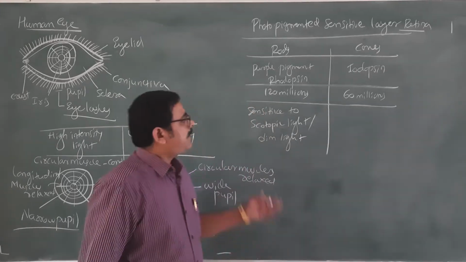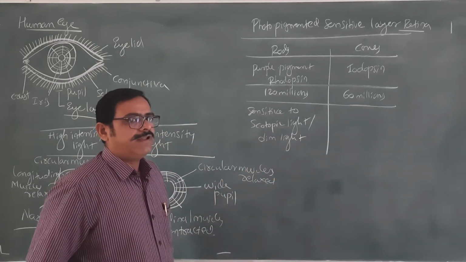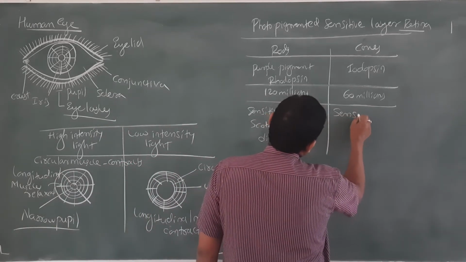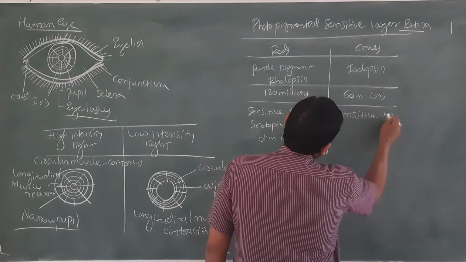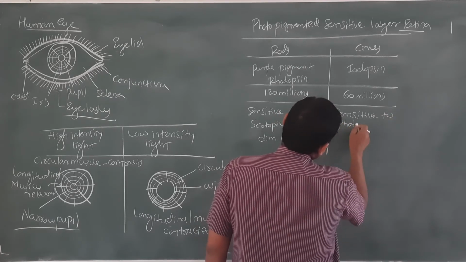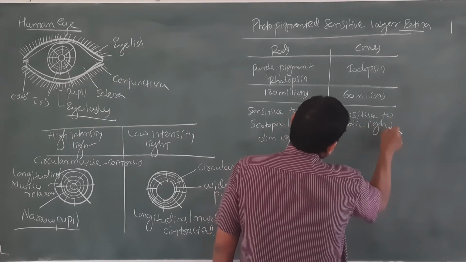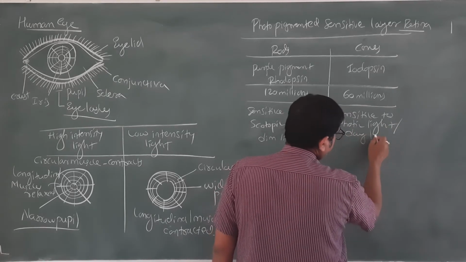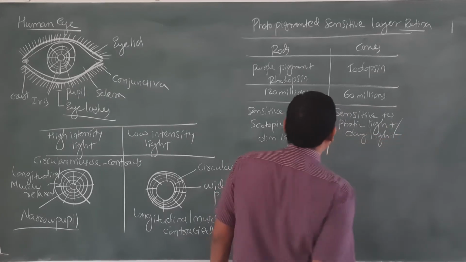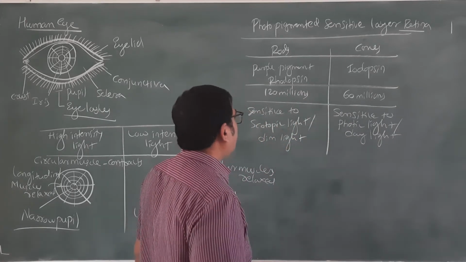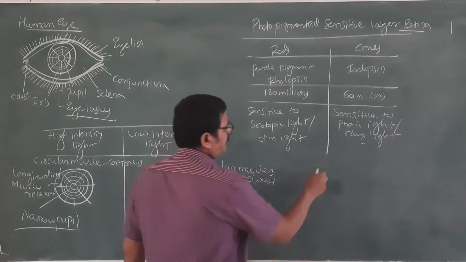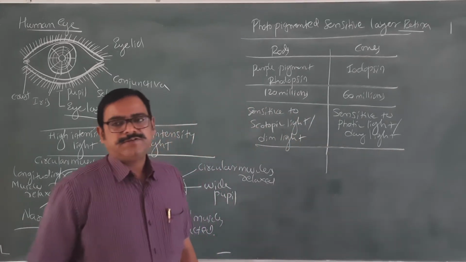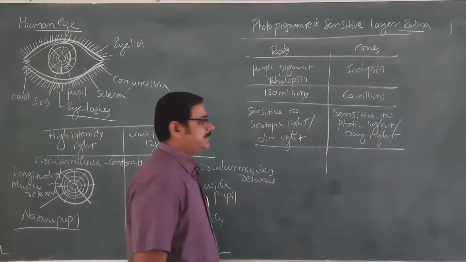Mainly the rods are very active then. Cones are sensitive to photic light, or daylight or bright light. Rods cannot discriminate colors.